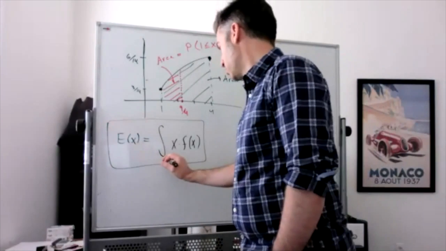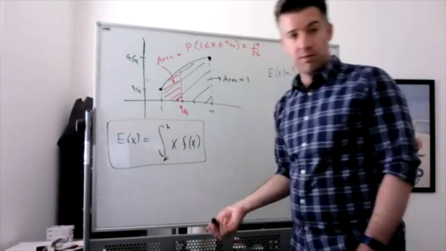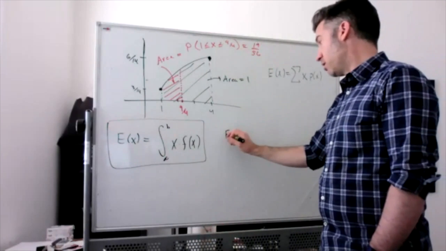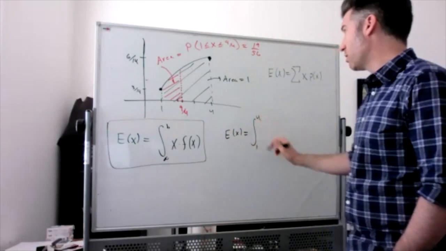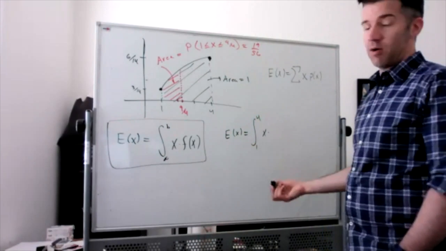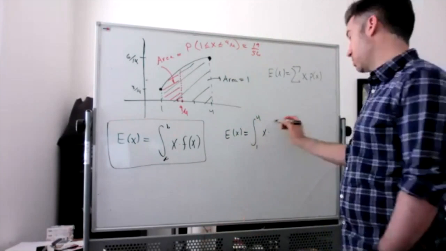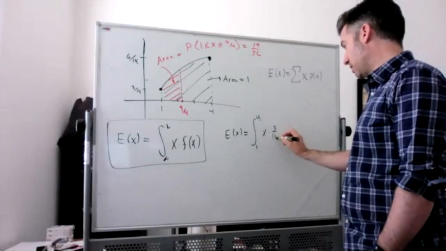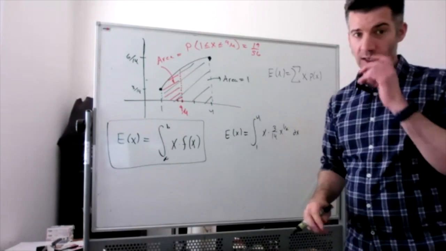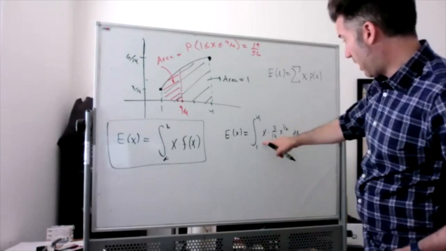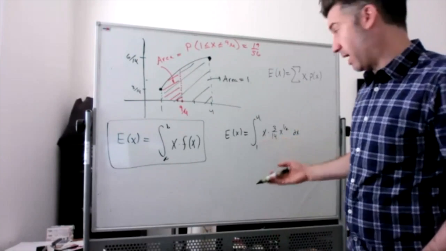And specifically for this function, our expected value is going to be the integral from 1 to 4 of x times our probability density function, which is again 3/14 times x to the 1/2. Okay, so now it's going to be a different integral. So x times x to the 1/2 is x to the 3/2.